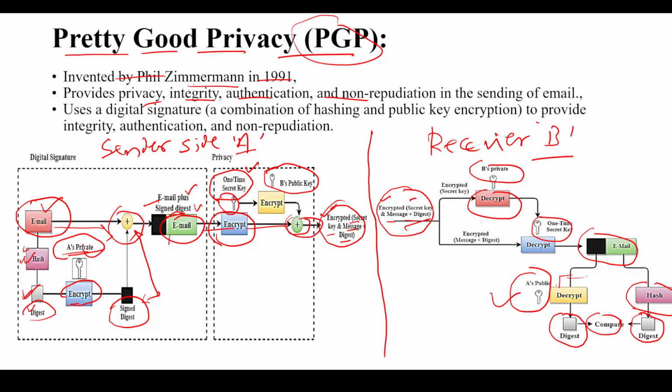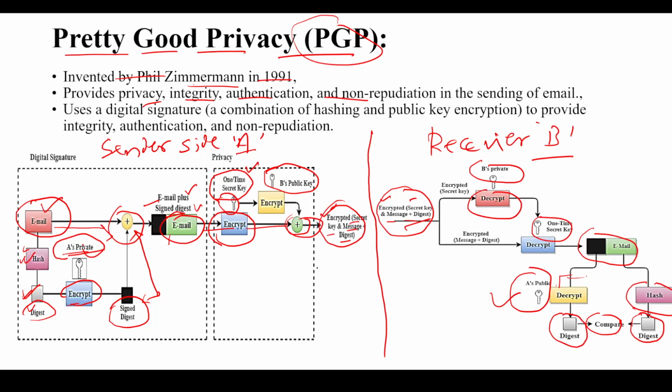Then the encrypted secret key is decrypted by using the receiver's private key to get the one-time secret key. This secret key is then used to decrypt the combination of message and digest.